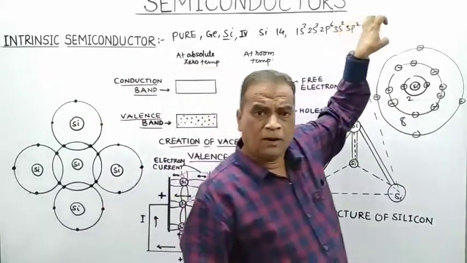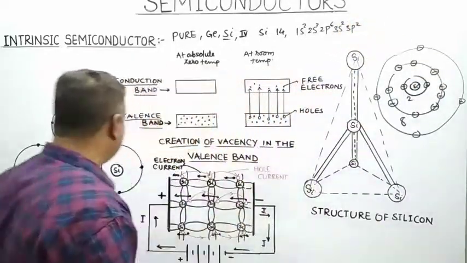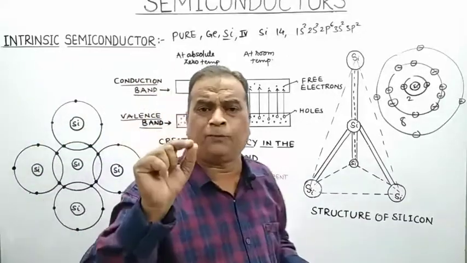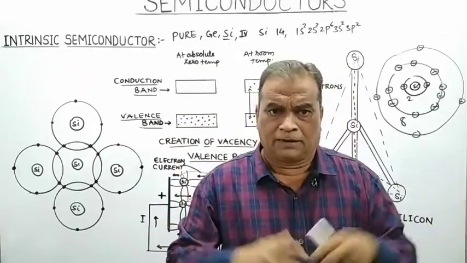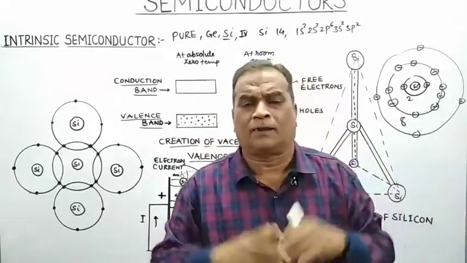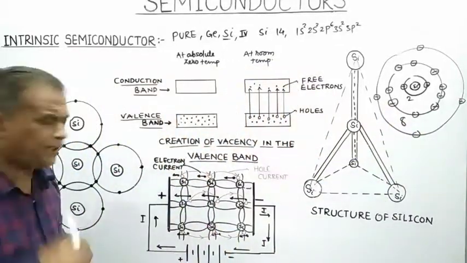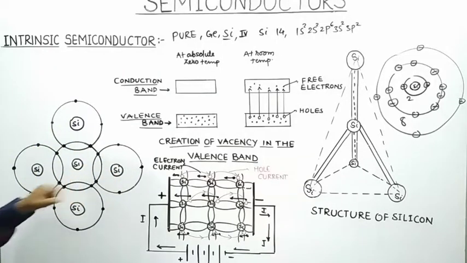So how will every silicon atom become stable? Remember, silicon exists in the form of a crystal structure. In nature, silicon exists in the crystalline structure. In the crystal of silicon, here I have shown the nucleus of a silicon atom.